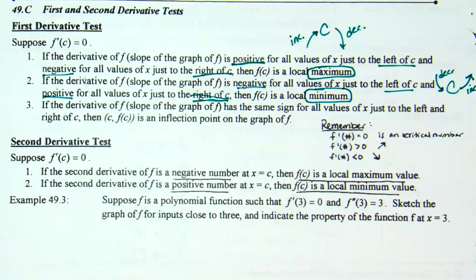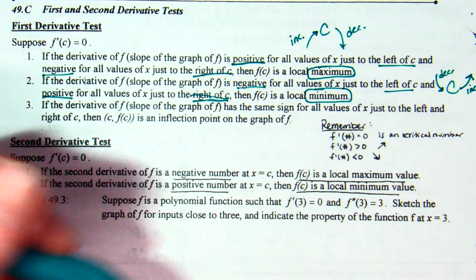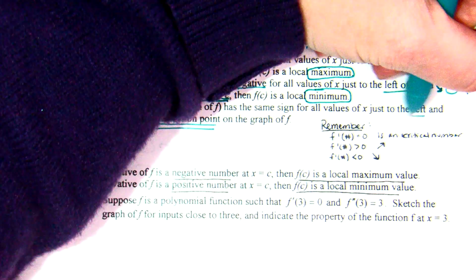You have to do this to prove something is a min or a max. Now, okay, this is the part we haven't talked about before. Point 3. If the derivative has the same sign for all values of x, just to the left and just to the right, then C is an inflection point. So think about that.